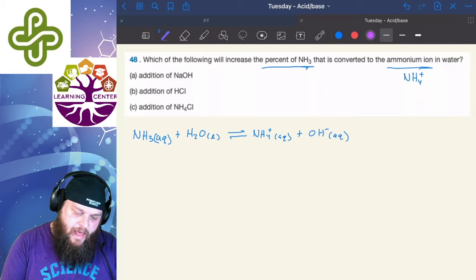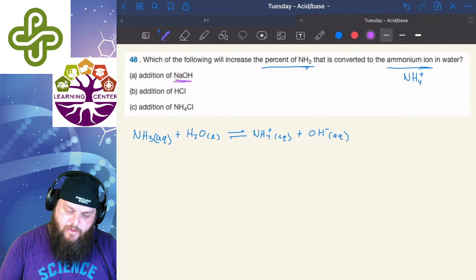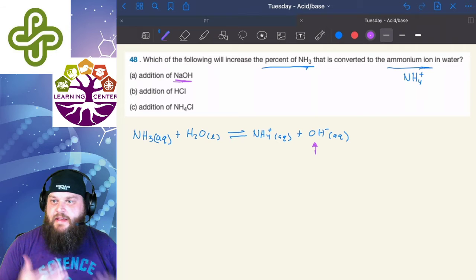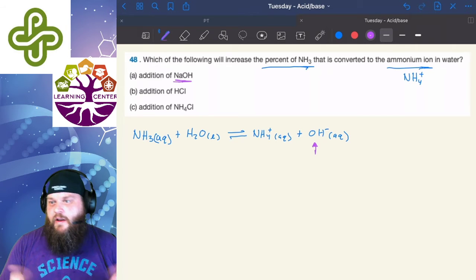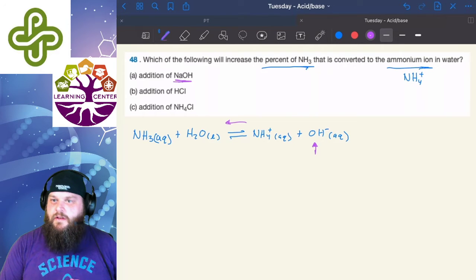So when we add NaOH, we're essentially adding some OH minus to that equilibrium. We're increasing the concentration of OH minus. And Le Chatelier's principle says if we increase the product, it's going to shift the reaction back towards the reactant side.